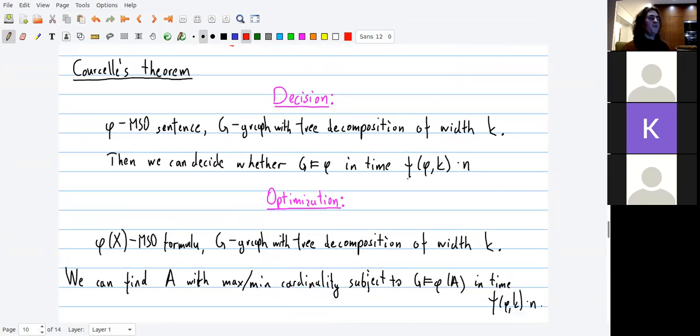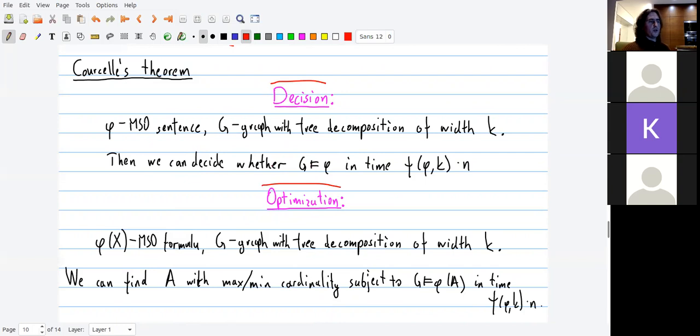So now Courcelle's theorem says that anything that you can express in this language, like three-colorability, Hamiltonicity, and so on, you can solve by dynamic programming on a bounded treewidth graph. There are many different versions. Let me highlight the two most important ones: the decision version and the optimization version.